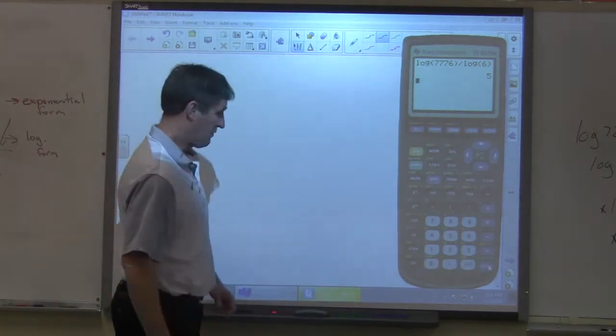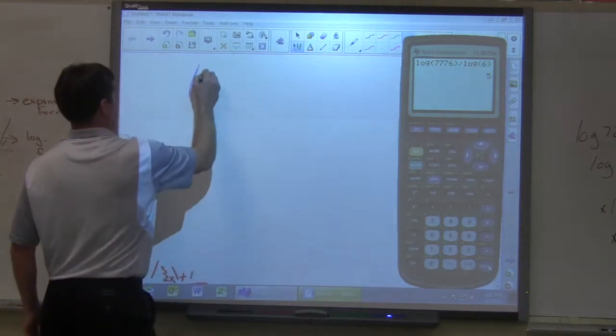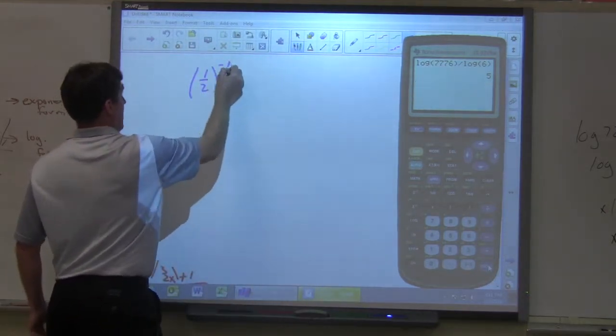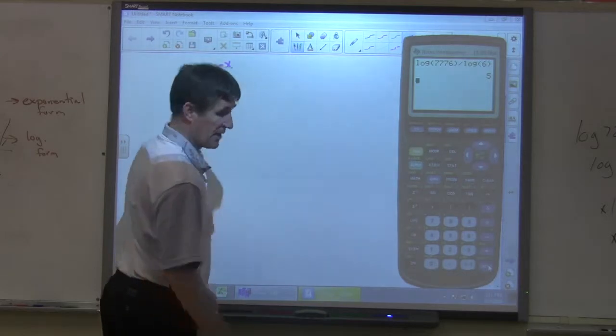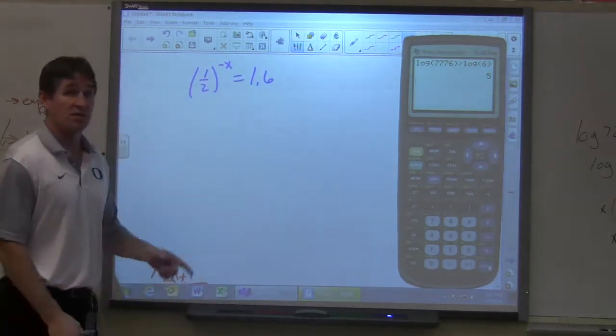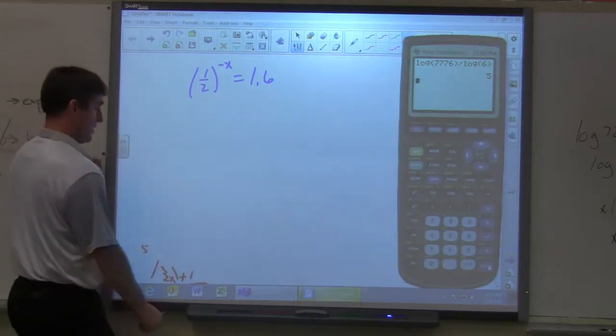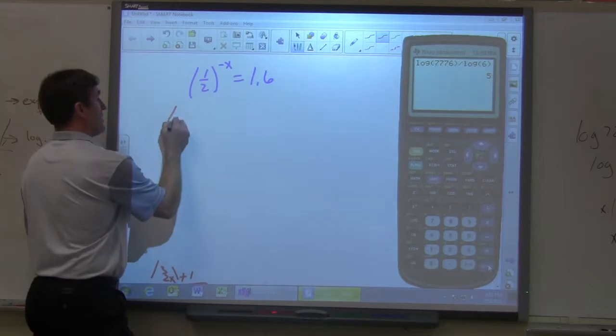Let's take a look at 24. 24 says 1/2 to the negative x is equal to 1.6. Again, the first thing we ask ourselves is where's the variable, and it's in the exponent, so we want to use logarithms. So again, we're just going to add the log to both sides.